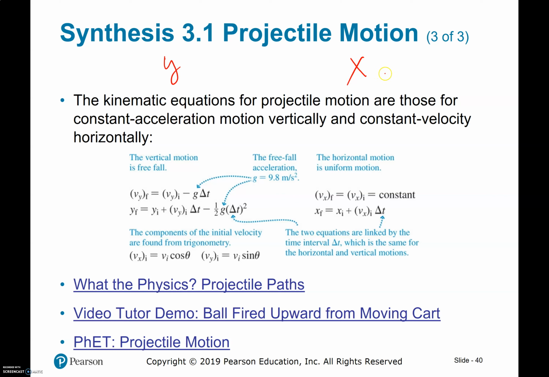In the x coordinate, there's no acceleration, so the velocity is always constant, and then you can use this equation here to find the final position if you know the velocity in the x-axis. In the y-coordinate, it's a motion with constant acceleration. The acceleration is minus g, right? And these are the three equations that we're familiar with applied to free fall motion.